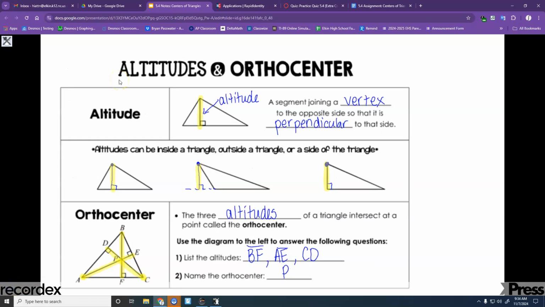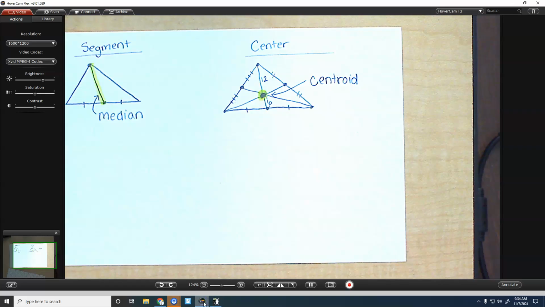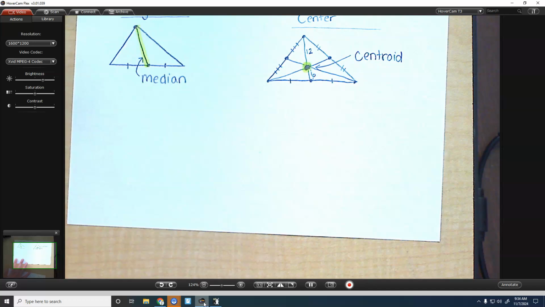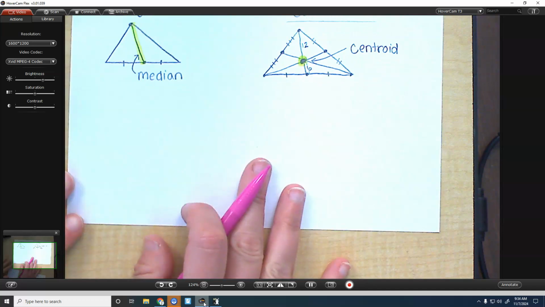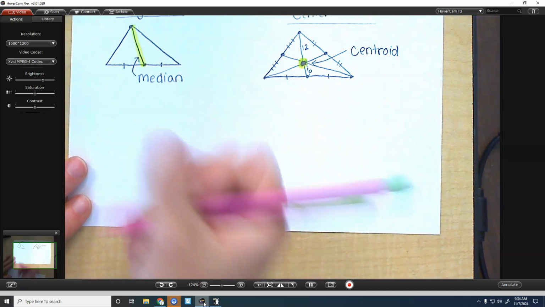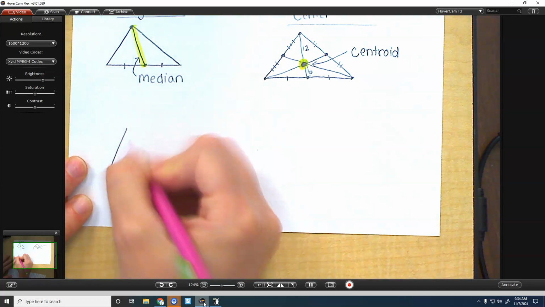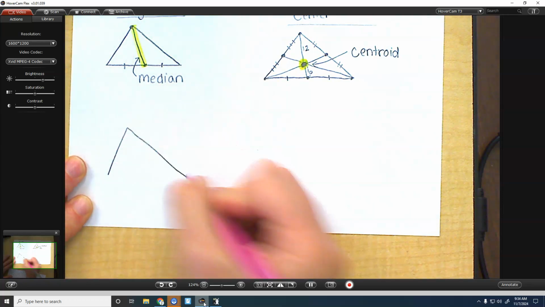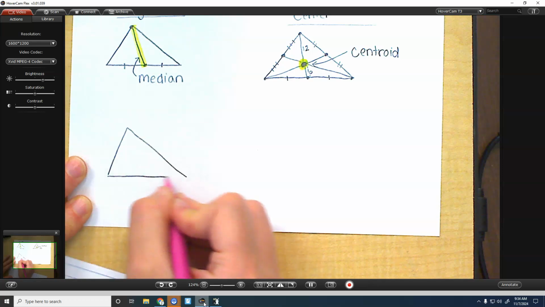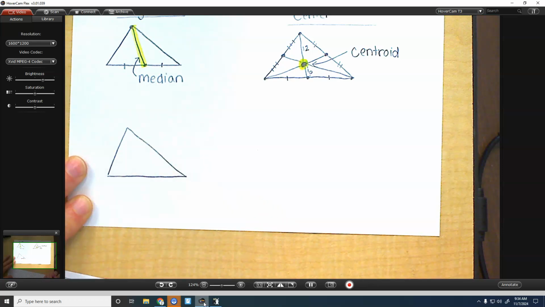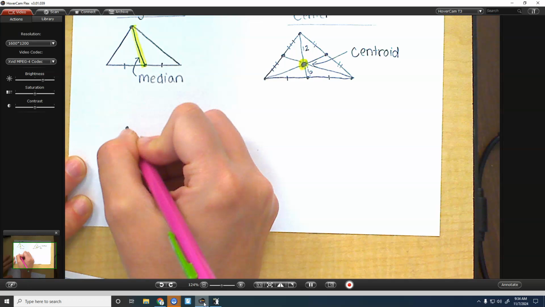Let's add this to our note card. Okay, so on that note card, we're just going to draw us a triangle like we've been drawing. And we just want to go from a vertex, and we want to be perpendicular to the opposite side.